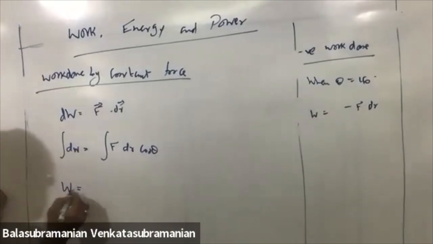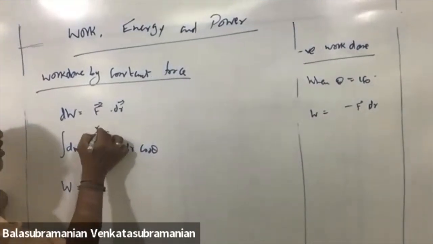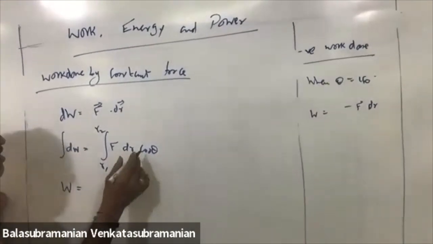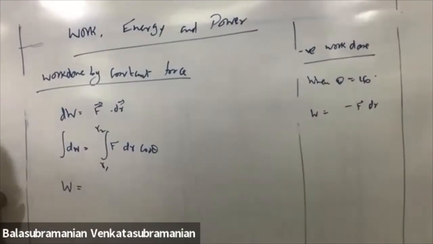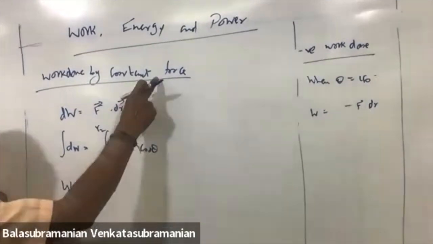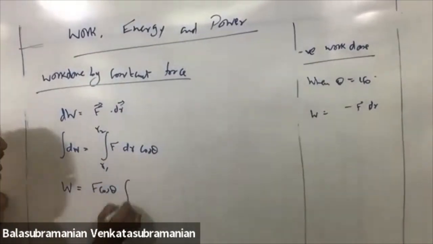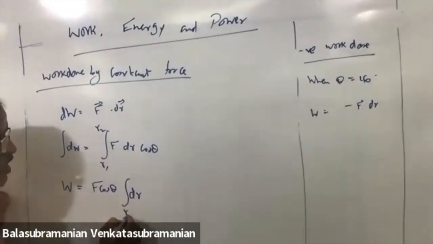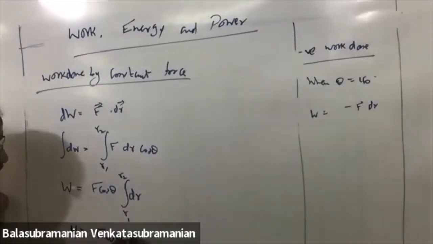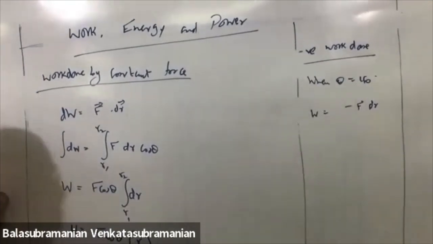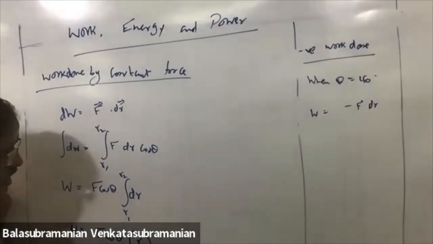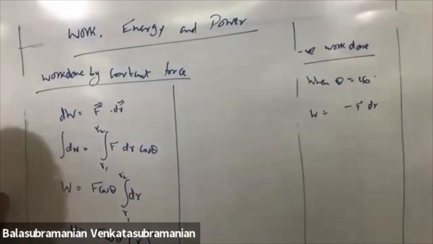So W is equal to integral from R1 to R2, initial displacement to final displacement, of F dr cos theta. F cos theta is constant for a constant force, so you take it outside: W is equal to F cos theta integral dr from R1 to R2.